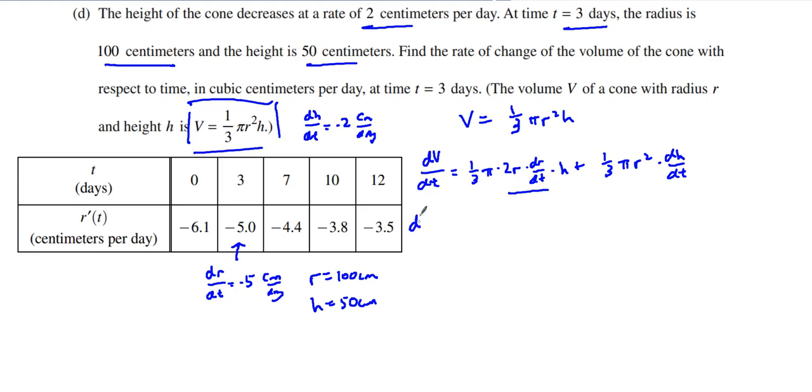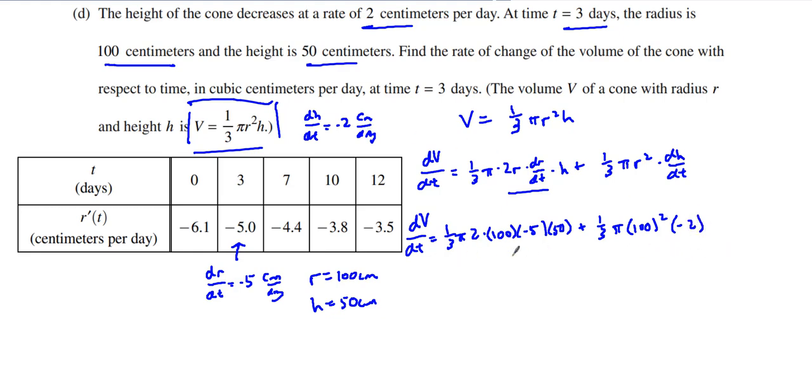And now we're going to plug in all the values we know. We have 1/3 pi. We have 2 times r. What is the radius? The radius is 100 centimeters. You can see dr over dt, which I didn't know before, is negative 5 centimeters per day. I know this h is equal to 50 centimeters. Plus I got 1/3 pi times the radius hasn't changed, 100 centimeters squared, and then the dh over dt is decreasing, so I got to put a negative because it's decreasing at 2 centimeters per day.